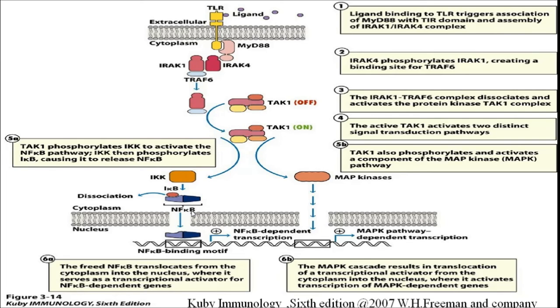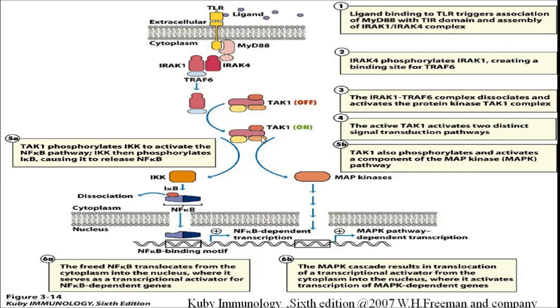So this IKK, when it phosphorylates this I-kappa B, it causes the release of this NF-kappa B within the nucleus, and the free NF-kappa B translocates from the cytoplasm to the nucleus, and it will serve as the transcriptional activator for the NF-kappa B dependent genes. So here you can see the transcription of the genes will take place.